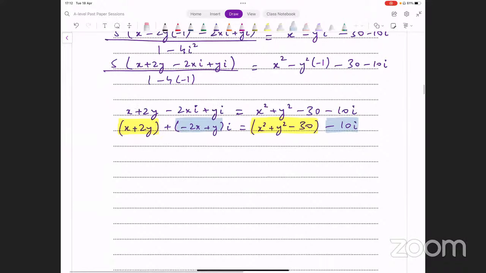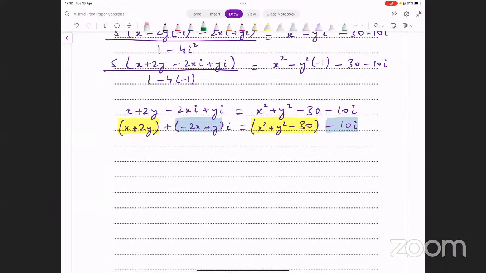Now just compare the two and you get two equations from that. You have one equation which is x plus 2y, that equals x square plus y square minus 30. And you have another equation which is minus 2x plus y equals minus 10. All right, iota iota तो एक तरह से cancel हो जाएगा. आपके पास क्या बचेगा? minus 2x plus y, that equals minus 10. Now we have to solve these two equations simultaneously.